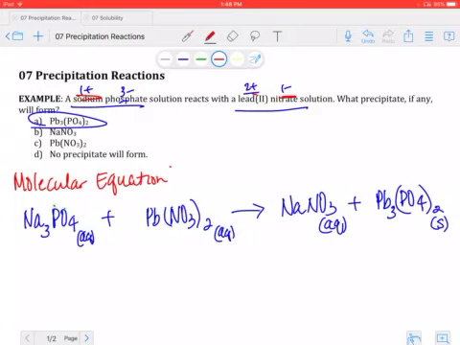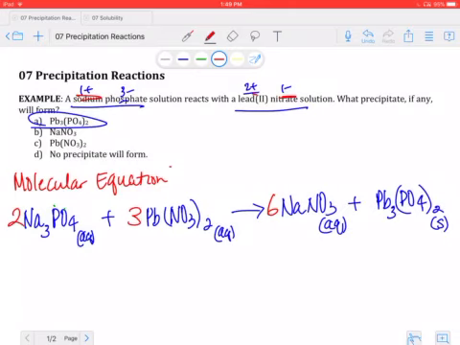This particular one is not balanced. So to balance this, I'll go ahead and balance this real quick. Put a 6 here and then a 2 here, and then I think we'd be in good shape. So when you're giving a molecular equation or you're asked for a molecular equation, it should have all of the information, all of the substances, and it should be balanced.